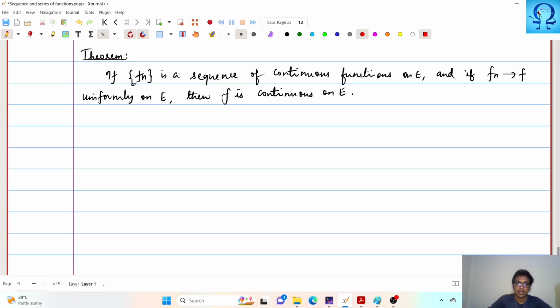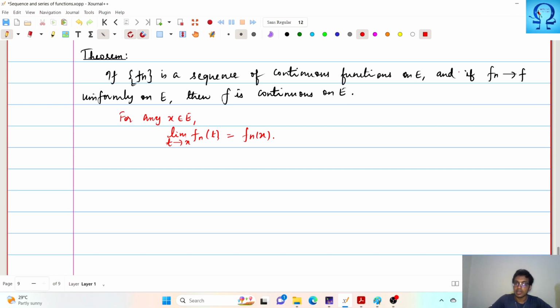Given that fn is a sequence of continuous functions on E, that means for any x in E, limit t approaches x, fn of t is nothing but fn of x.